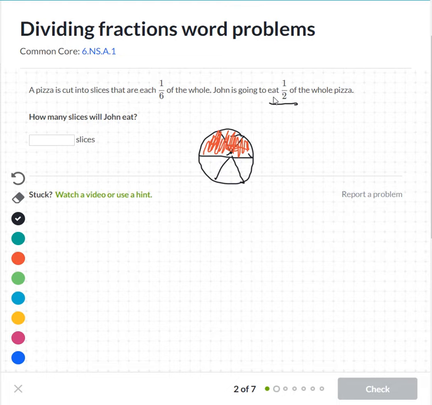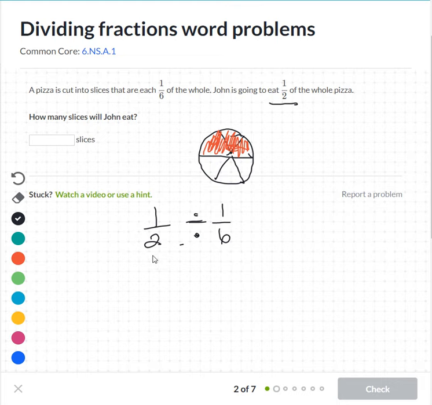So the 1/2 is being split into 1/6, which means I'm going to solve this problem by doing 1/2 divided up into 1/6 pieces. So, how many slices will John eat? If I take this half and I divide it up into 1/6, I'll know how many slices I'm going to eat.